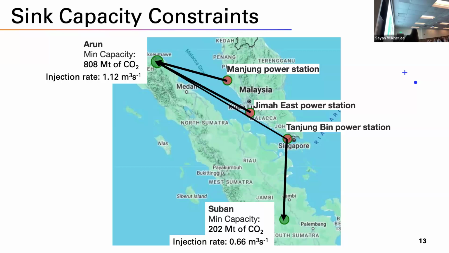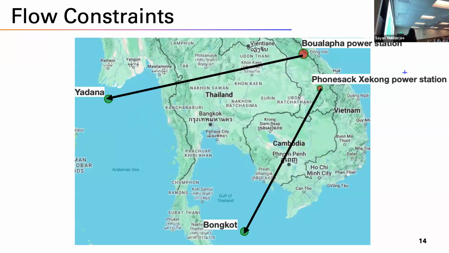So you have to send some to the Arun reservoir as well, just to make sure, like I mentioned before, you get all the carbon that's produced per year into the ground. So within the capacities, you just want to make sure you don't exceed the reservoir capacity as well as the injection rate amount.